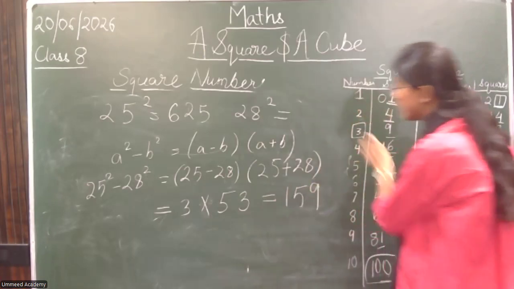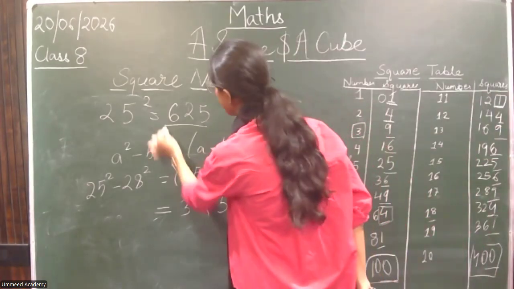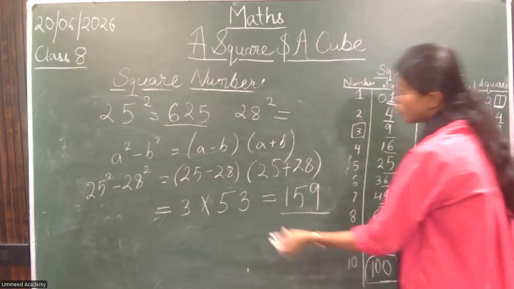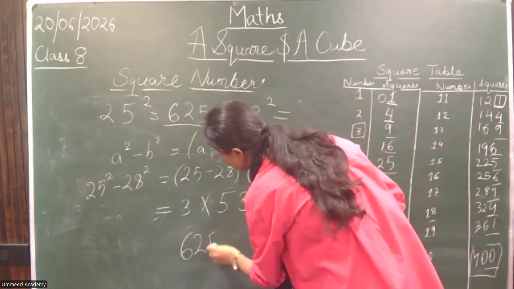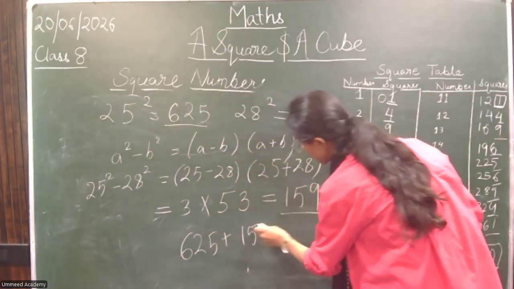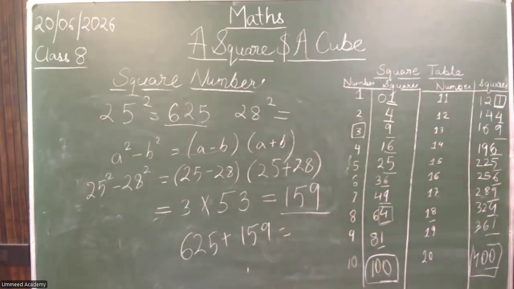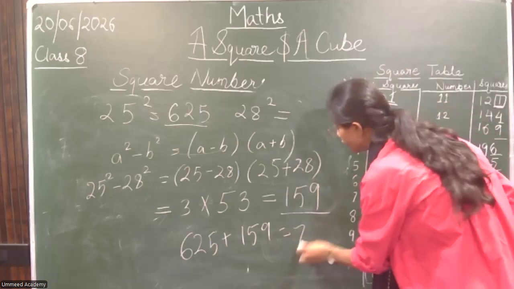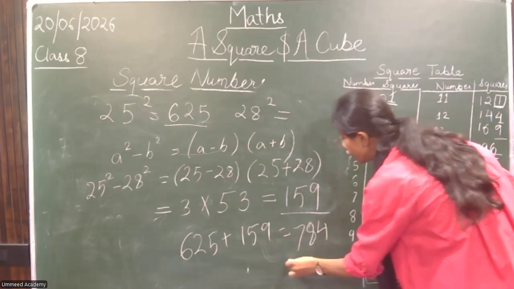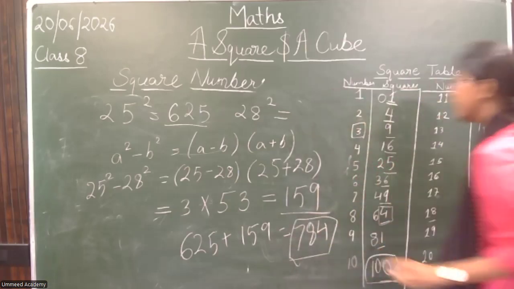अब जो हम लोग करते थे कि इसके स्क्वायर में we add 159. So add 625 में 159. What are we getting? Miss, 784. 784. Very good. We are getting 784 as the answer.